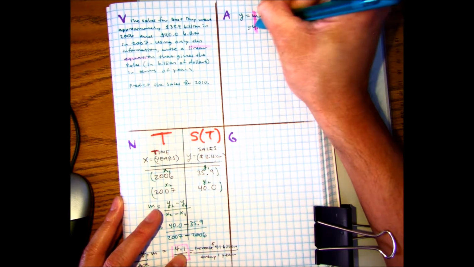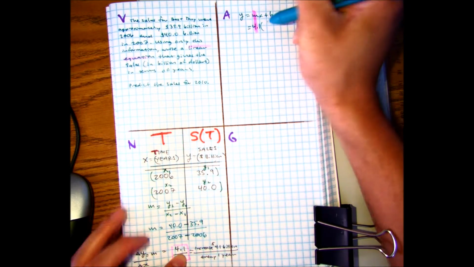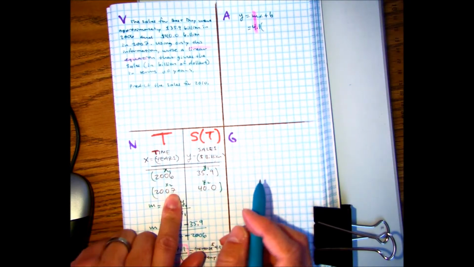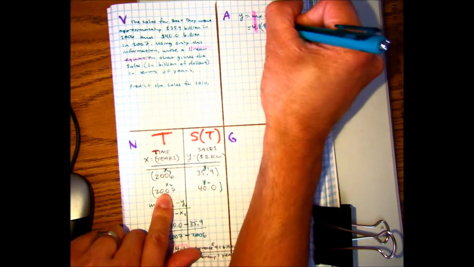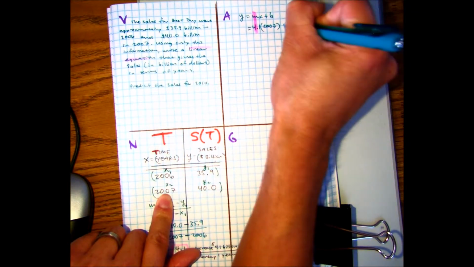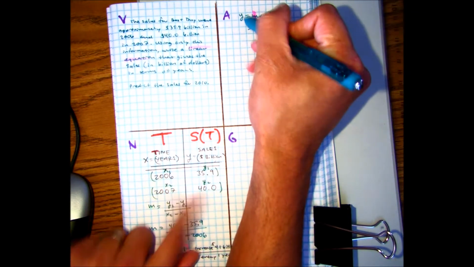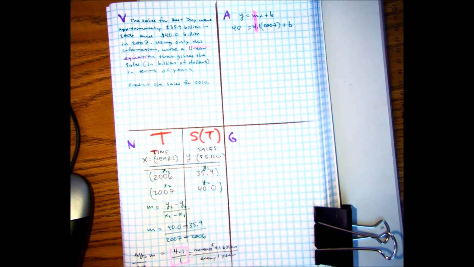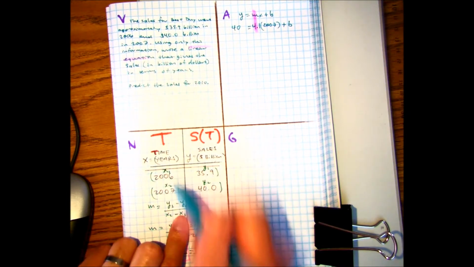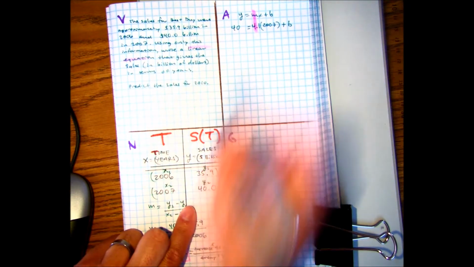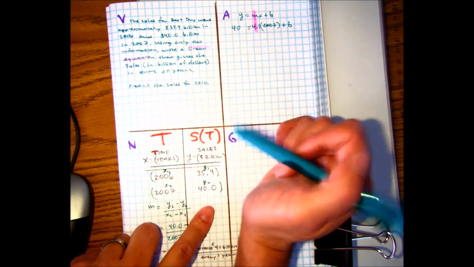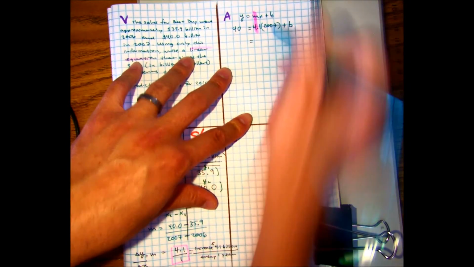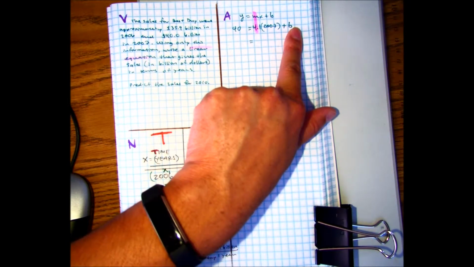Someone pick a year for us. 2007 is my x value. And our y value is 40. So again, we pick one of the years, it doesn't matter, just pick one of those. You have the ordered pair, substitute it in. And we're going to solve for a b value now.